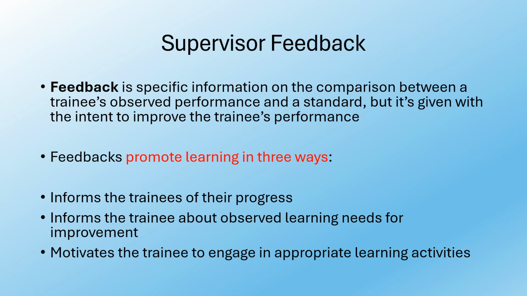One, it informs the trainee of their progress. Two, it informs the trainee about weaknesses observed during the process and the need for improvement. Thirdly, feedback motivates the trainee to engage in appropriate learning activities.